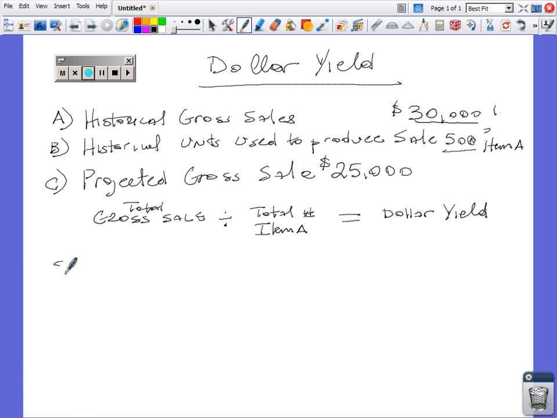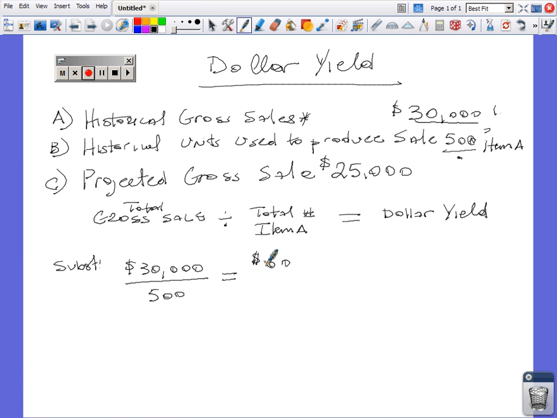So let's substitute here. Our total gross sale, that is the historical total gross sale, is $30,000, divided by our total number of item A used, which was 500, equals $60.